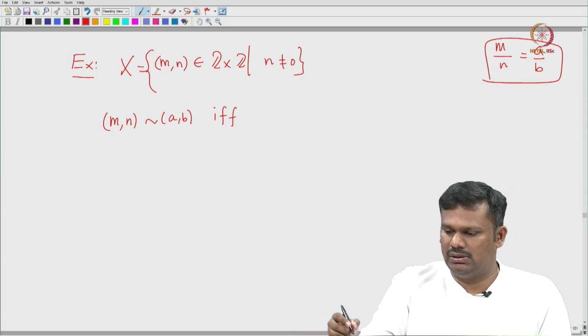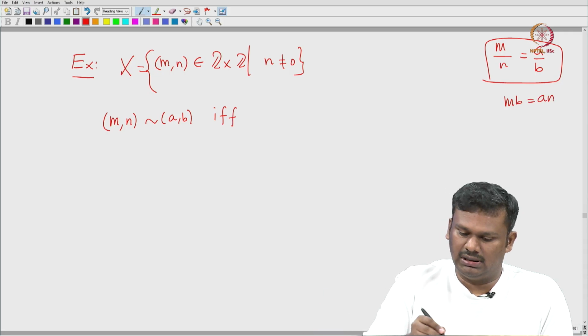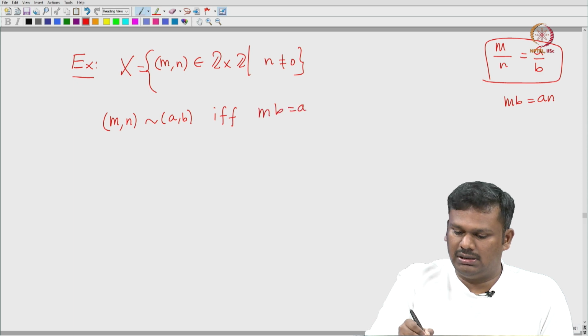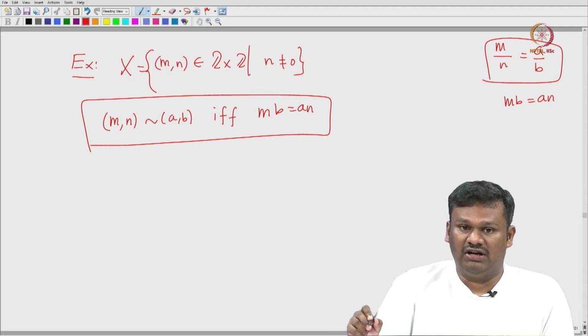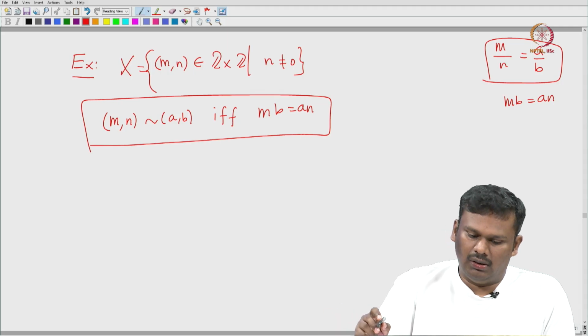In that case, we can use the multiplication in integers and say that m b is the same as a n. That is the relation we are going to put, and one can check this is indeed an equivalence relation.